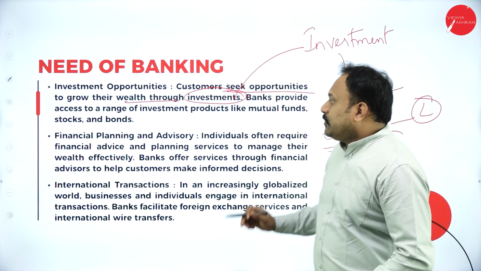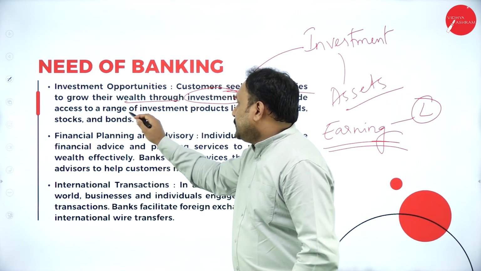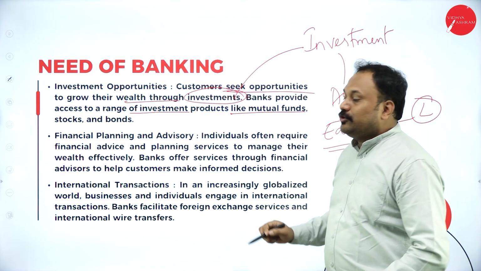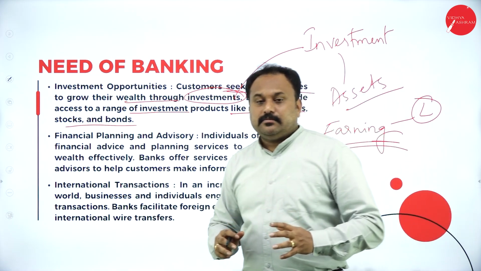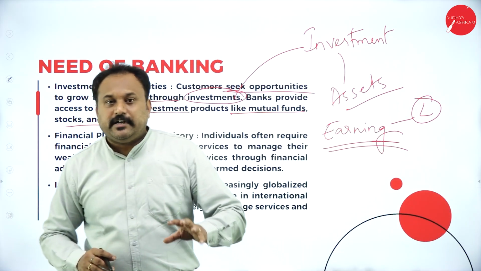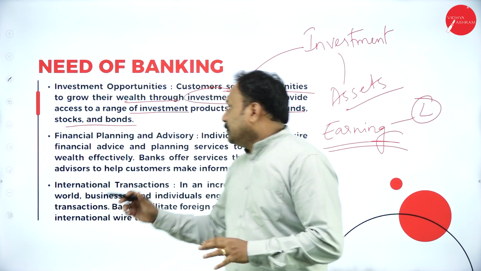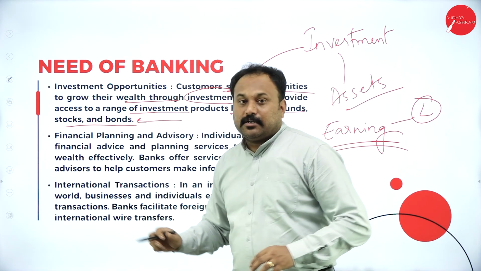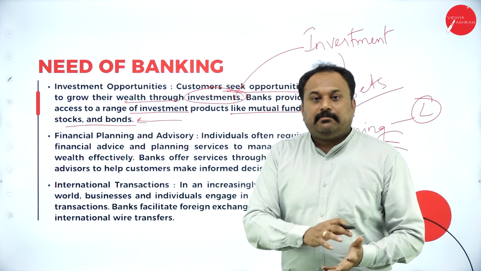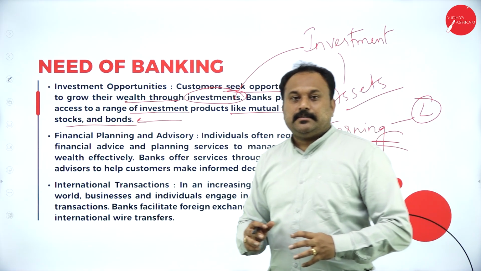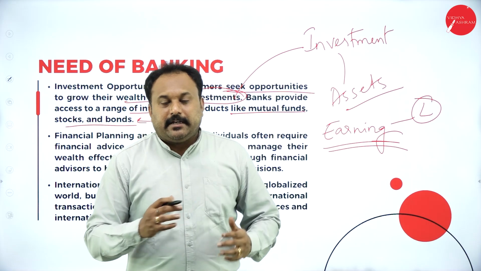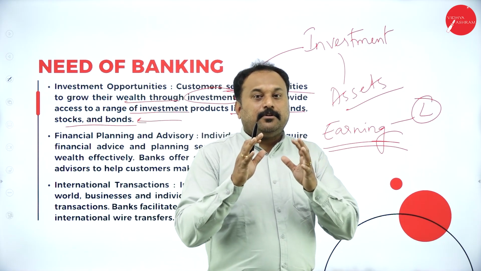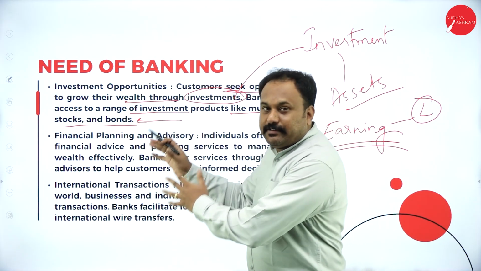So here, banks provide access to a range of investment products like mutual funds, stocks and bonds. I'm not telling you that if you invest in mutual funds, stocks, or government bonds, you will have double your money. I'm not telling you that there is a doubling of money. I am also not telling you that you need to go and invest in the stock market.